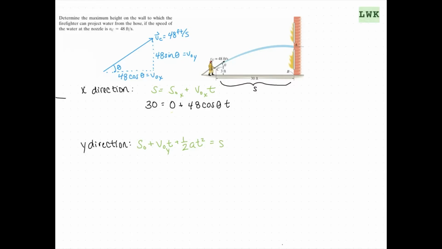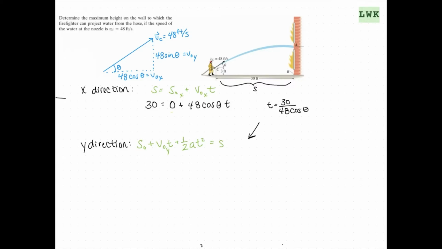So let's solve for t here by saying t equals 30 over 48 cosine of theta. And we're going to use this t expression down here to solve for theta because we're not given a time or an angle.